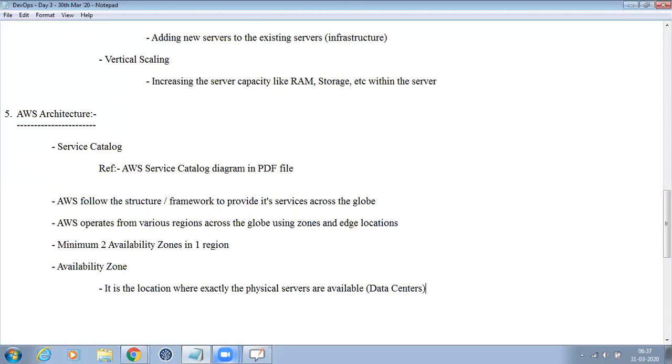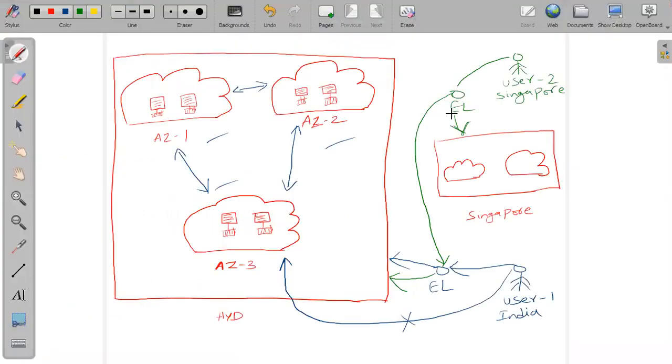A data center has computers, maybe in any of the locations, which they call an availability zone. Minimum two availability zones in one region, and every region has one edge location. Just now we saw this, right? There is one edge location.